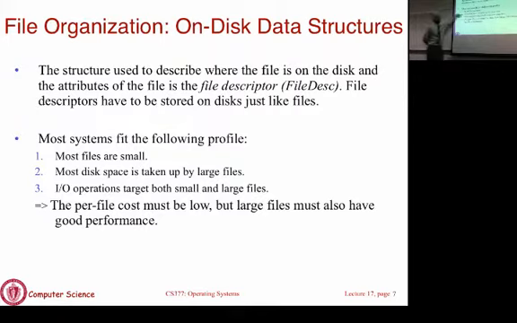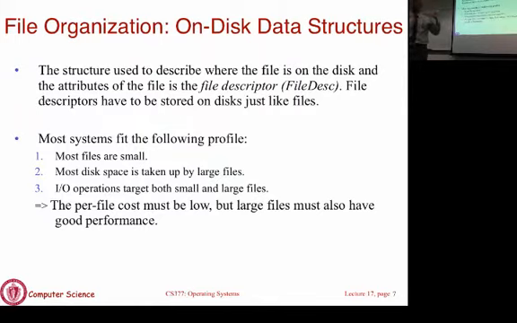At the same time, most of the disk space is taken by a small number of very large files. So we have lots of little files, but if you look at where all the space goes, it goes into a small number of large files. Maybe you stored a movie, maybe you took a lot of pictures. Each of those files is larger, but there are not a whole lot of them compared to all the other files on your system.